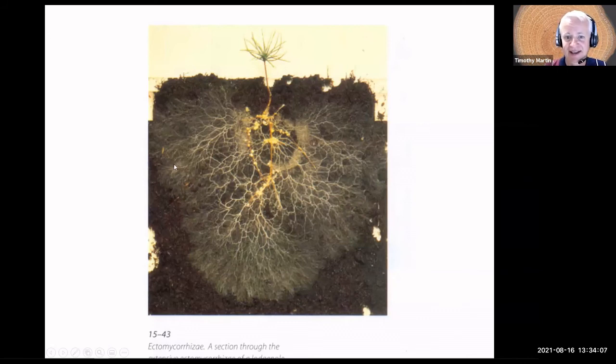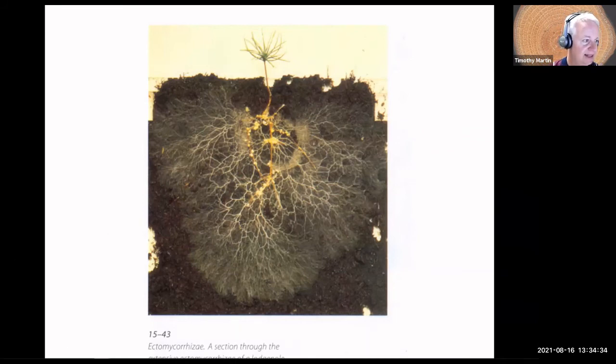So you can see that mycorrhizal infection has greatly expanded the root volume that this seedling can exploit. This is a great example of the degree to which those mycorrhizal infections can advantage trees. So mycorrhizal symbiosis is really important for most tree species.